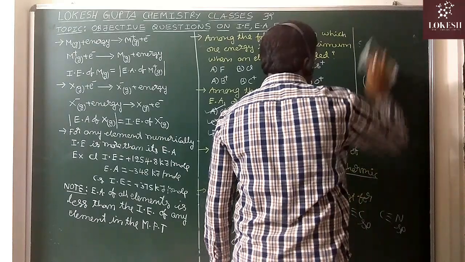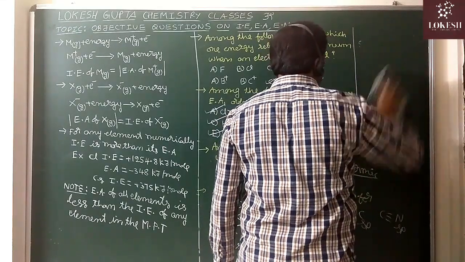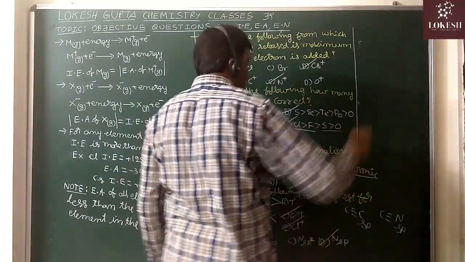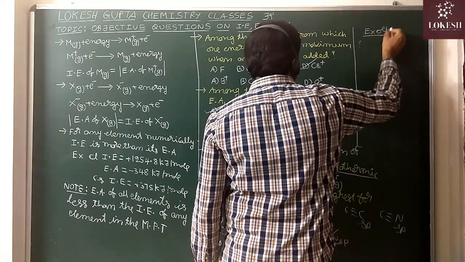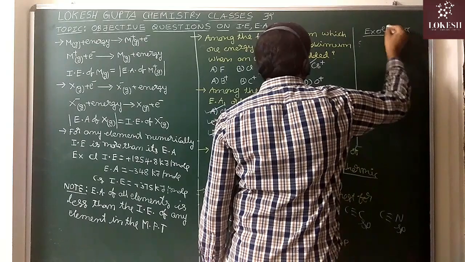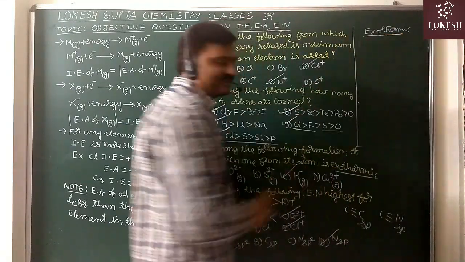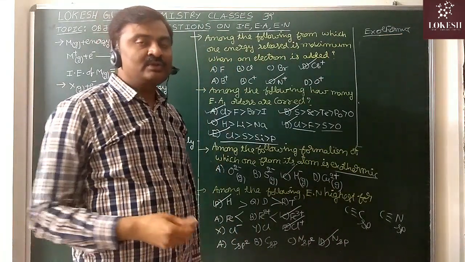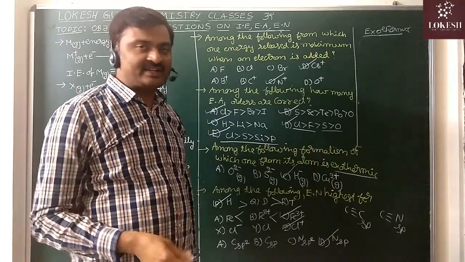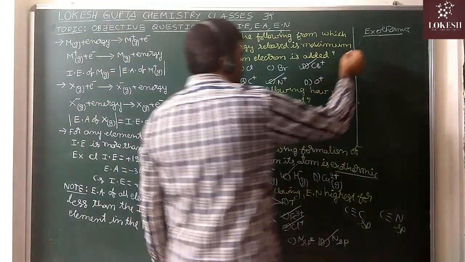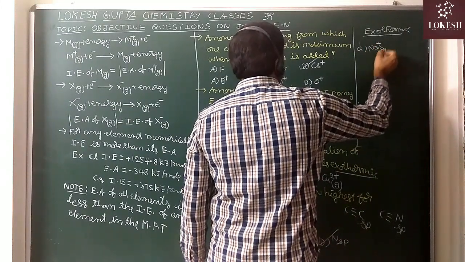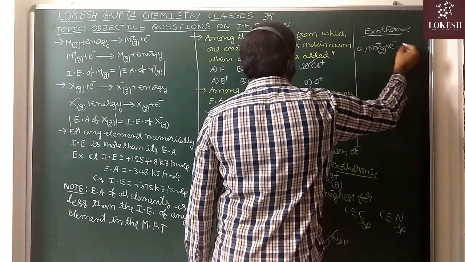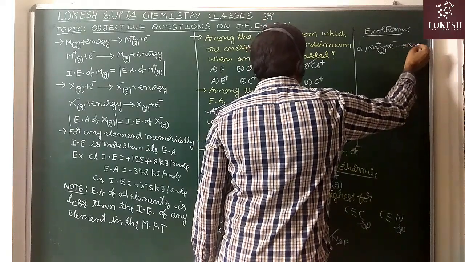In which of the following processes is energy released, meaning which are exothermic? First one: Na plus gas plus electron gives rise to Na gas.